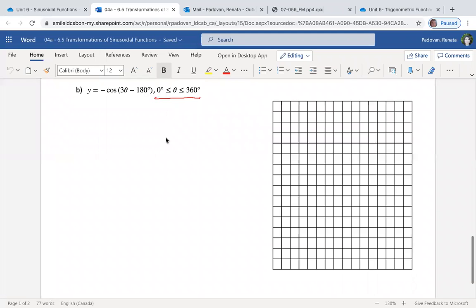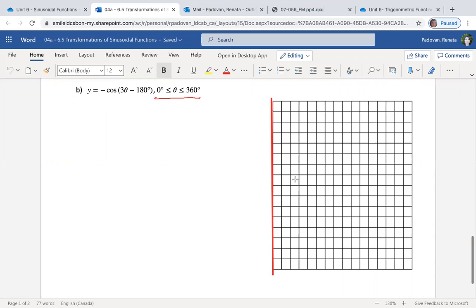So let's draw a straight line right along here because I don't need anything to the left of 0, correct? And then same thing here. My amplitude is just negative. My amplitude is not changing the number, like how vertically stretched it is. It's just flipping it over the x or theta axis, right?